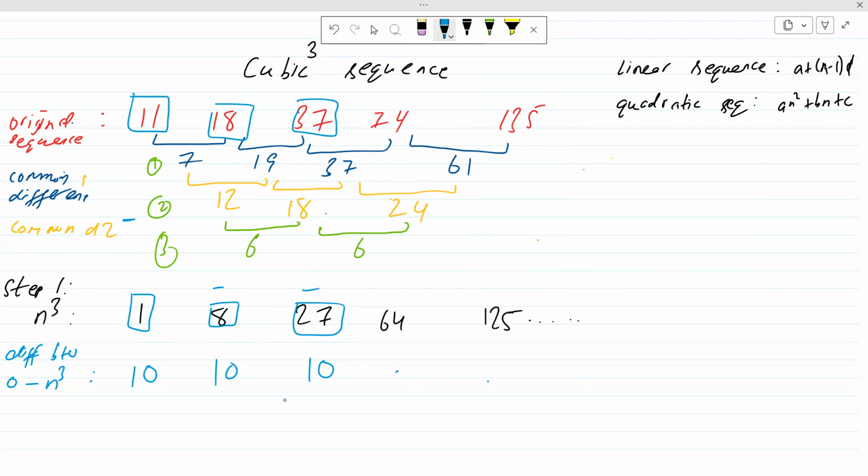And so on. Every time the difference is 10. So now we are ready to write the general term for this sequence. It is n cube, plus the constant difference, 10.